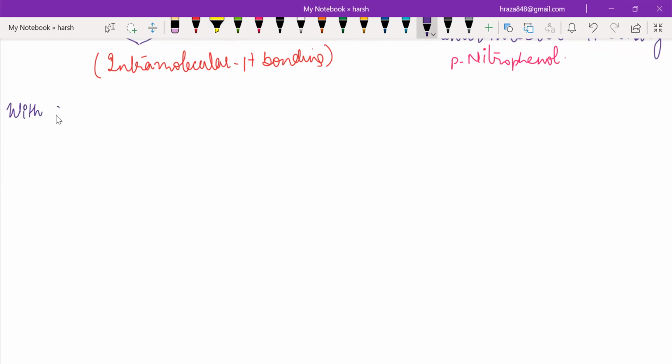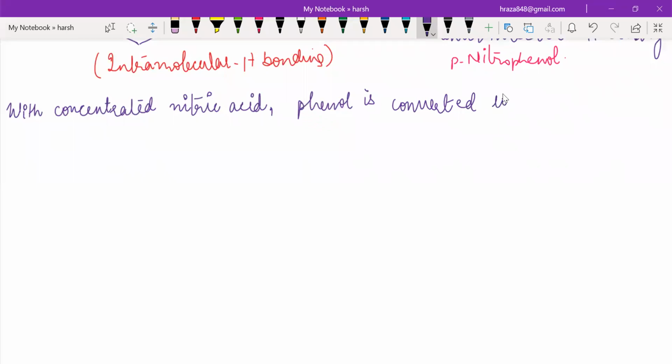With concentrated nitric acid, phenol is converted to 2,4,6-trinitrophenol.